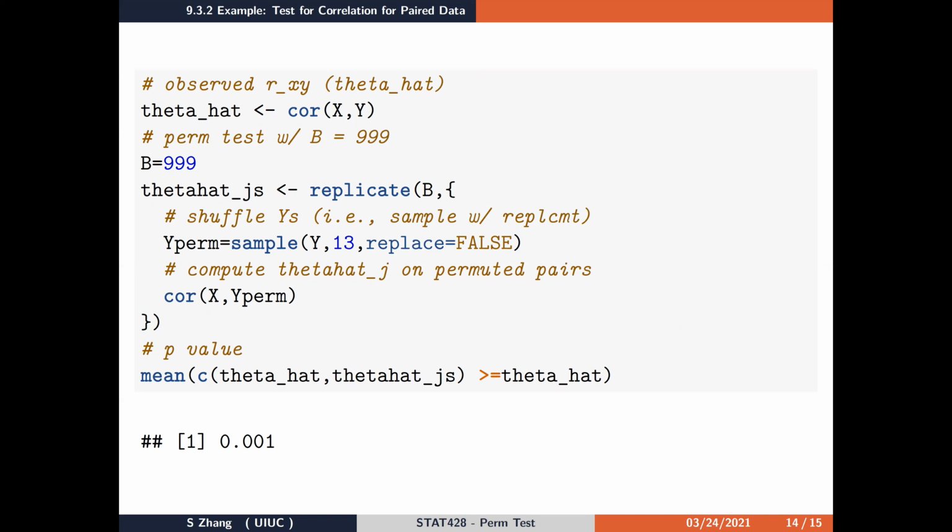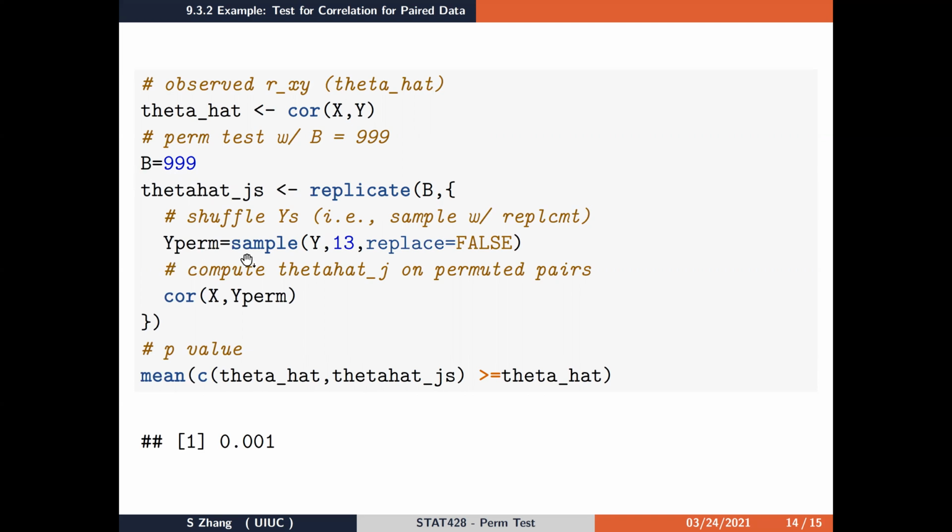which is the Pearson correlation between the original x and original y. And then we can obtain the theta hat j's, which is theta hat computed from the shuffled or the permuted samples. We use the replicate function and replicate this for a total of B times.